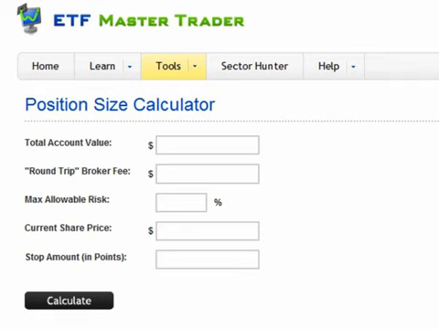Now, there are two components to successfully navigating the financial markets. One, you need to have an approach or a methodology that's going to give you an edge in the marketplace above just throwing darts at a dartboard.